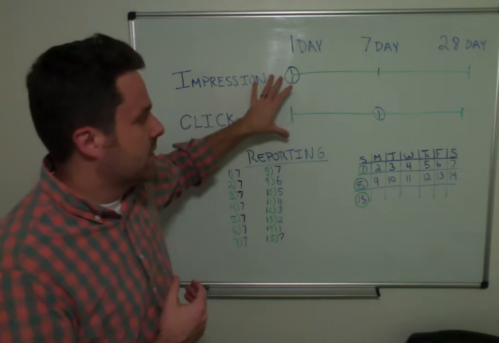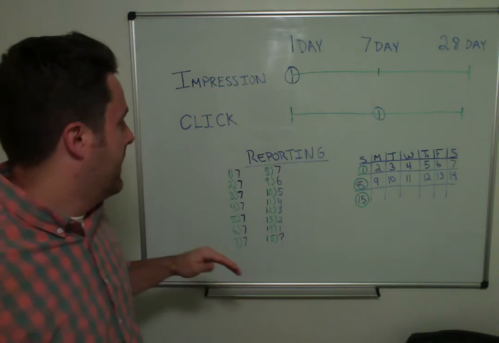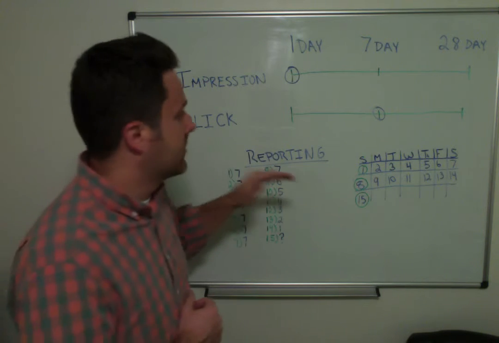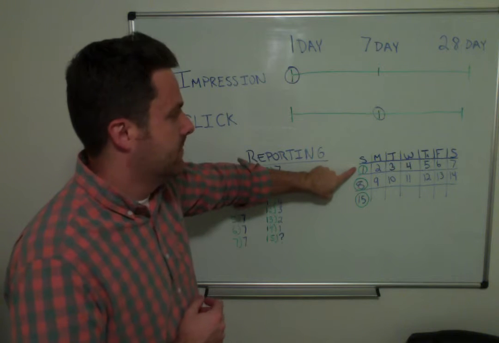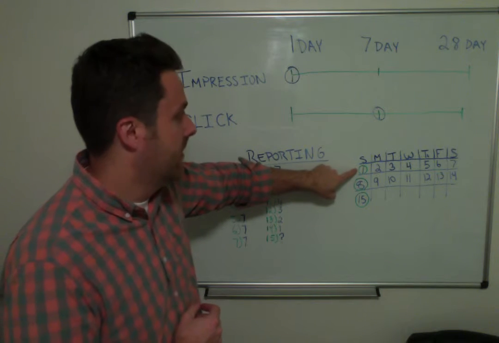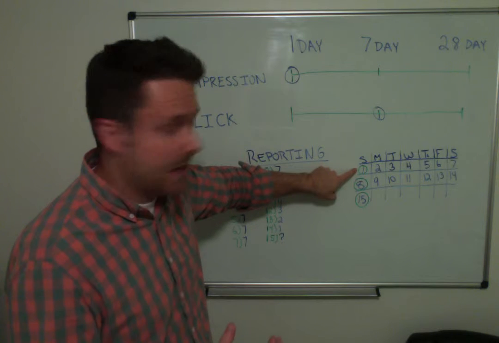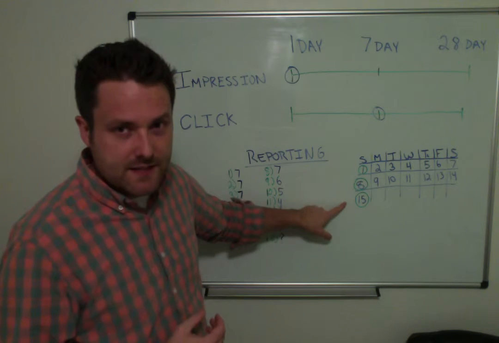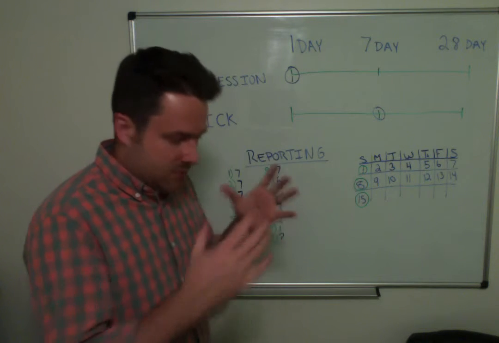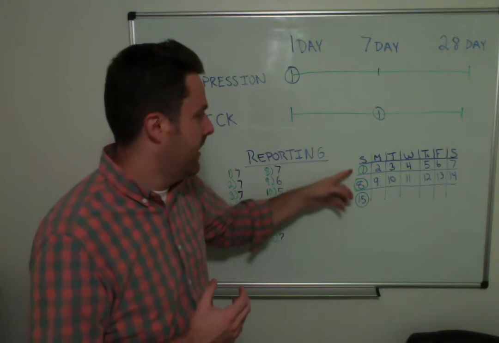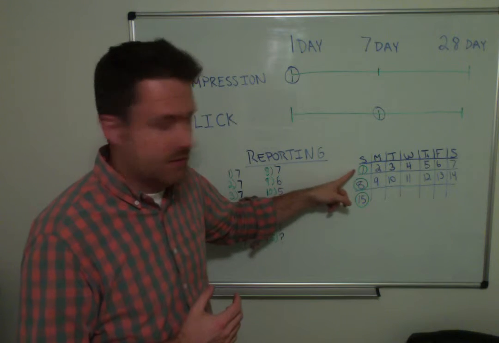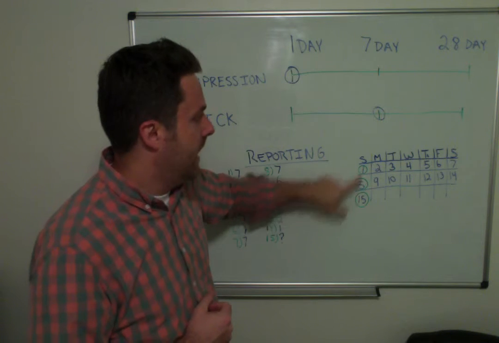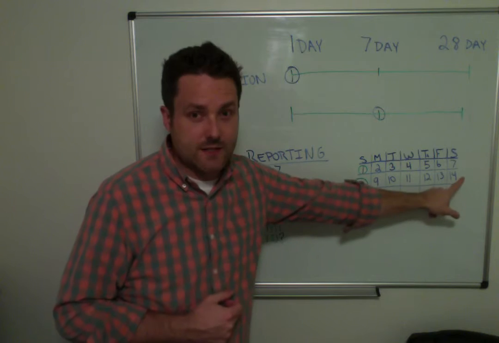And so to illustrate this a little bit further, I did a mock campaign. This campaign launches on the 1st of the month, and today, in this scenario, is the 15th. So based on a 1 day impression, I have current data up until the 14th, 1 day ago.